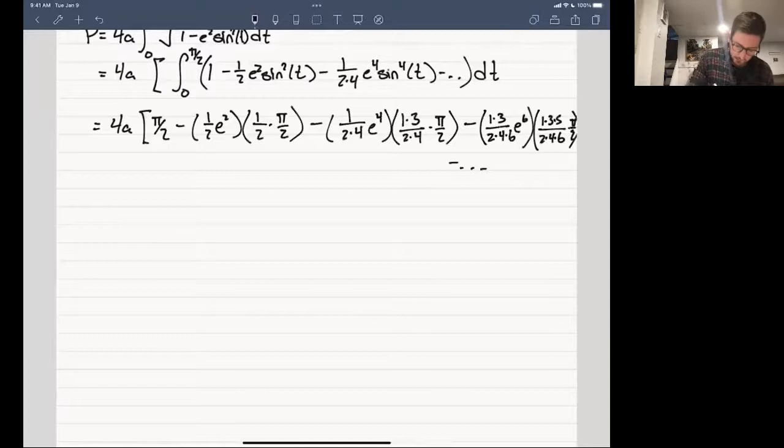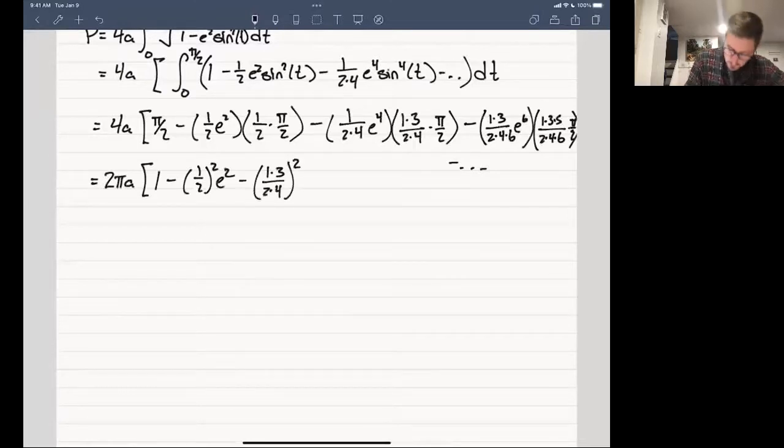If you want to clean it up a little bit by taking out the pi over 2's, multiplying one of the 2's from out front into this, you get 2 pi a times 1 minus 1/2 squared e squared minus 1 times 3 over 2 times 4 squared times e to the 4 over 3.